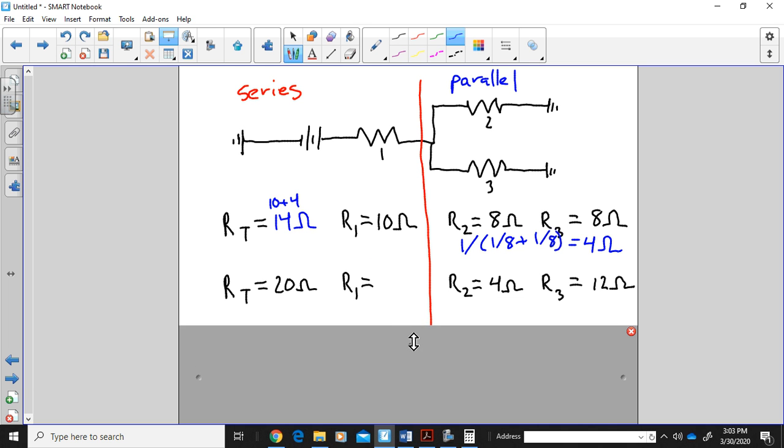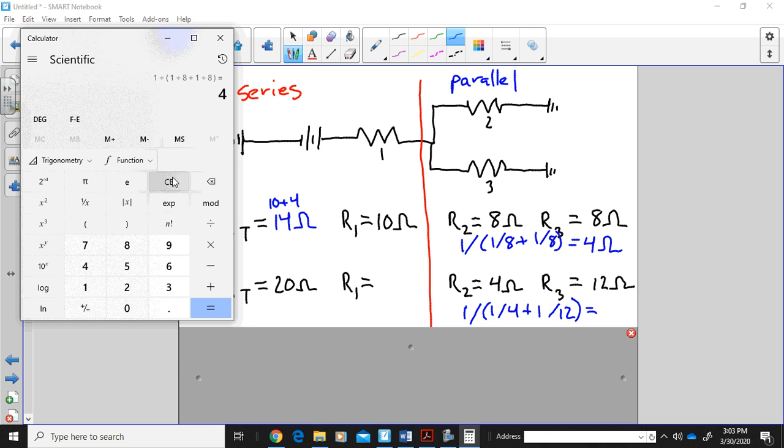Alright, so here we know the total, we know the two R2 and R3, looking for R1. So again, we need to find what the total resistance on the parallel side is. So 1 divided by parentheses, 1 divided by 4, plus 1 divided by 12, close parentheses, equals, so this is 3 ohms.